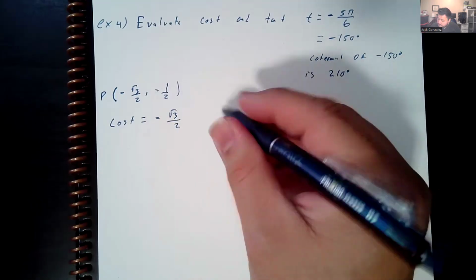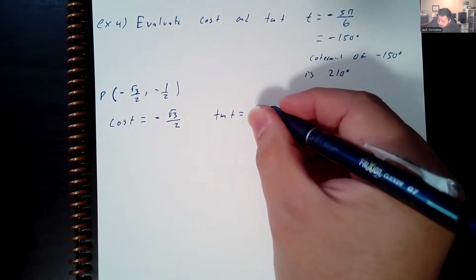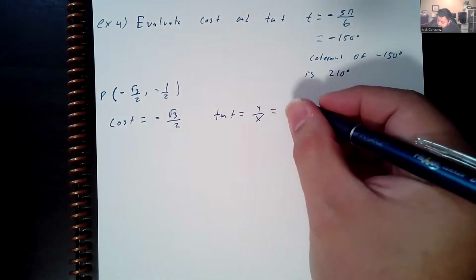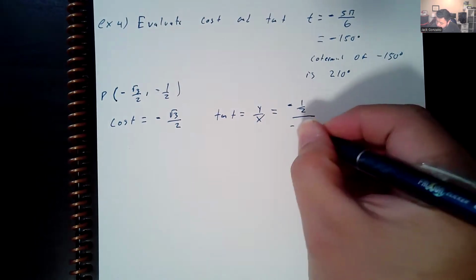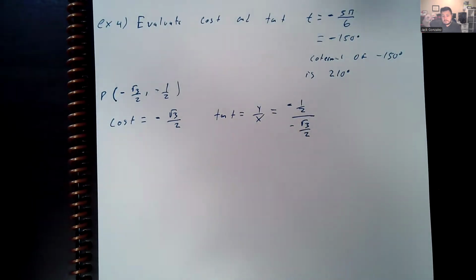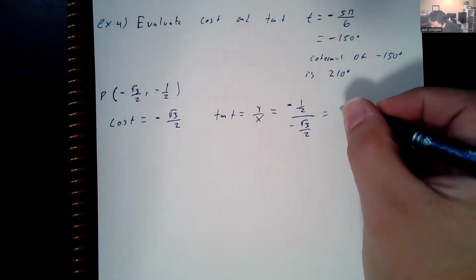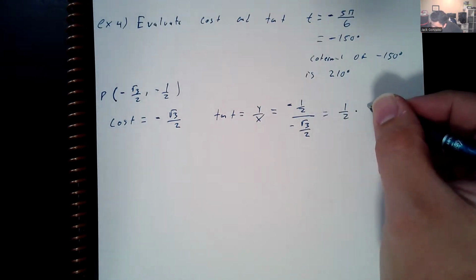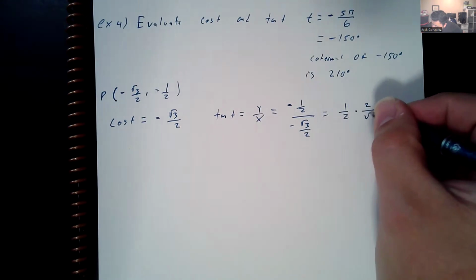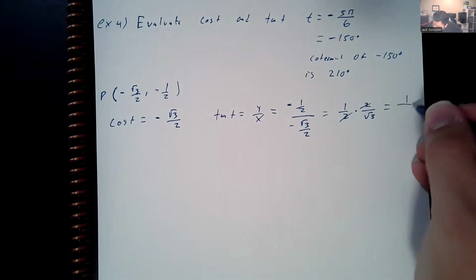over 2, and tangent t is equal to, remember, y over x, which is negative 1/2 over negative root 3 over 2. To divide the fraction, you flip the bottom one and multiply. Negative negative would also make it positive, so let's just get rid of that. 2 over root 3, these two will cancel, leaving me with 1 over root 3.